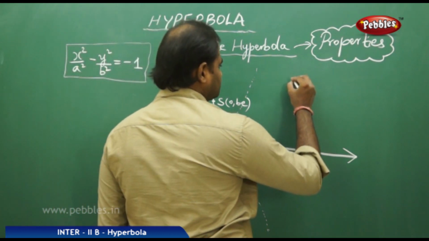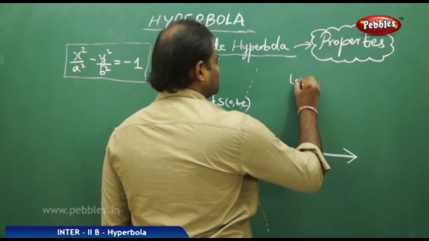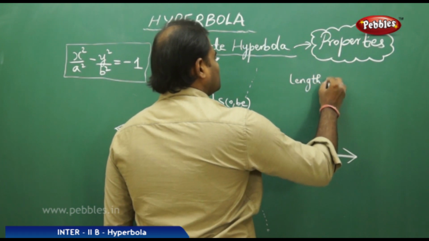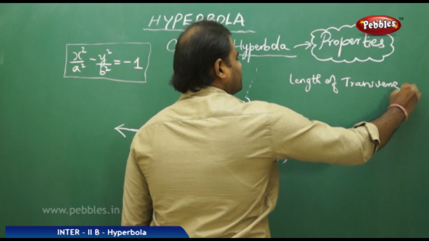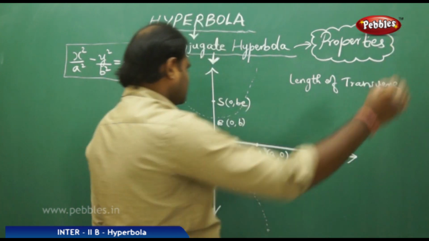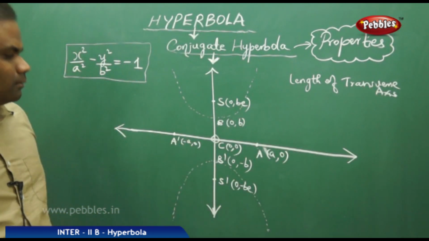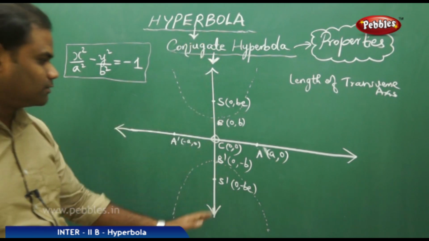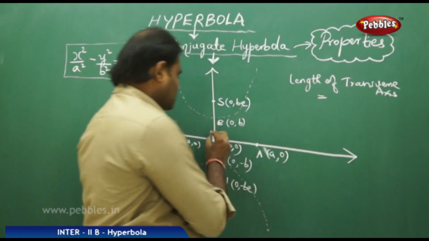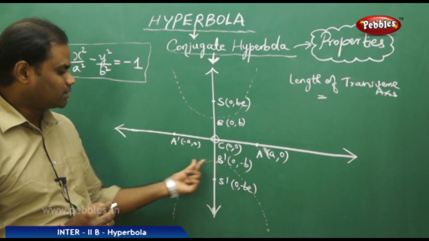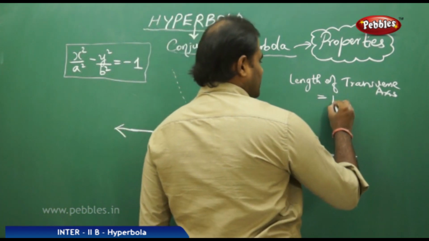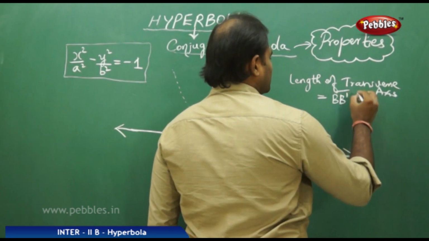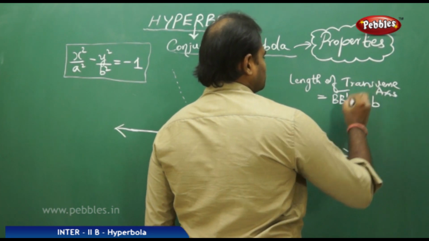The length of the transverse axis, that is BB dash, because the hyperbola is constructed along this, is BB dash, which is nothing but 2b.